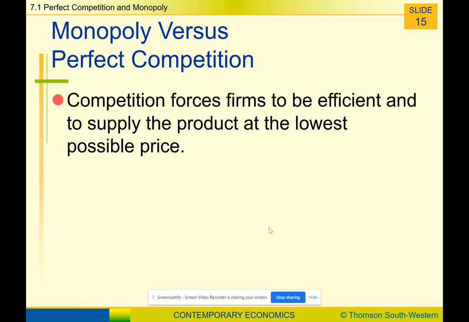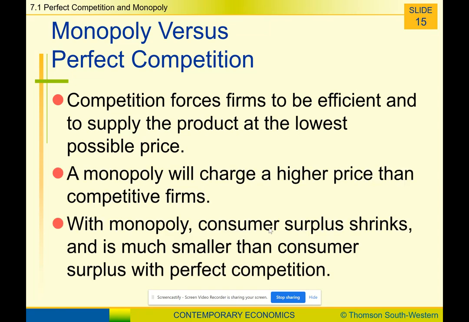People can't get away with selling eggs for $20 a carton because there will always be a competitor that sells it for less. Monopolies charge higher prices than competitive firms. With monopolies, consumer surplus shrinks and is much smaller than consumer surplus with perfect competition. When monopolies have control over a market, they boost the prices really high because there is no competition.